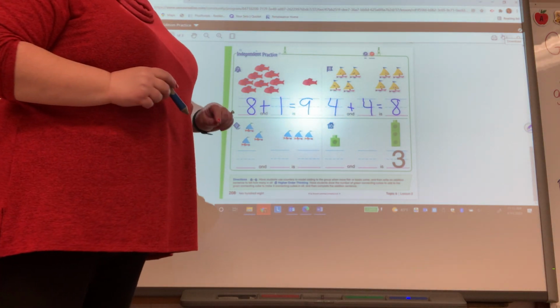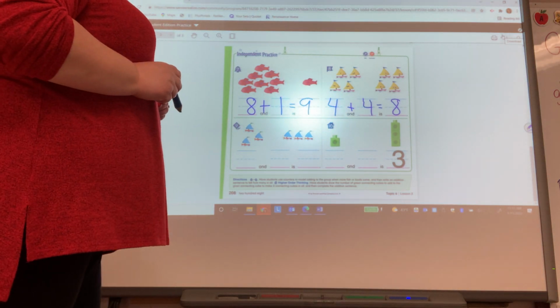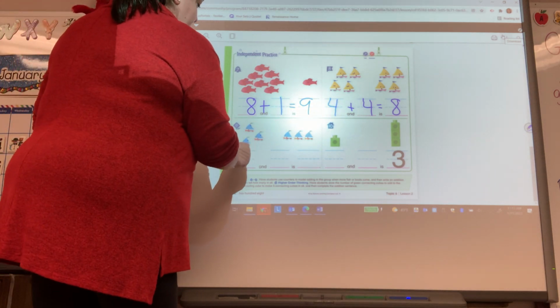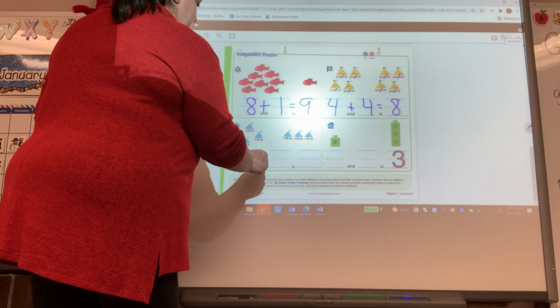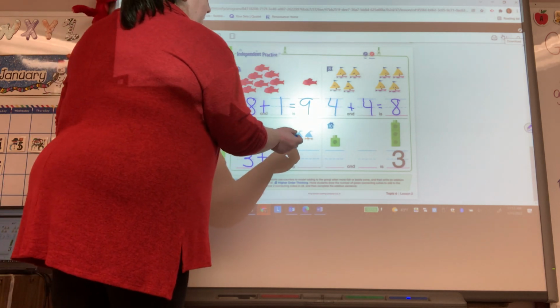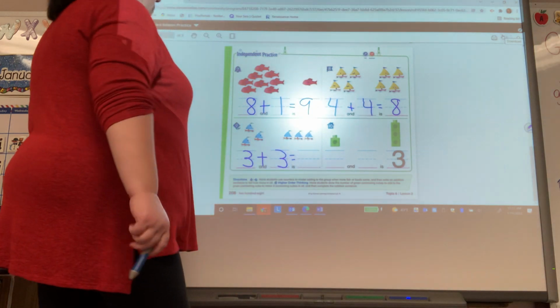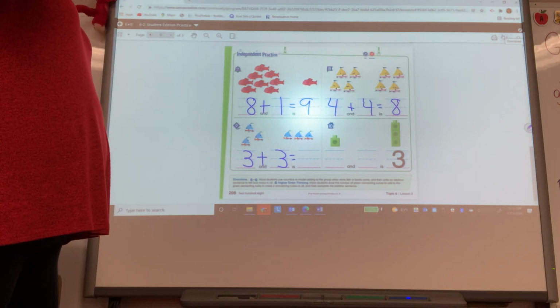Number 9 is inside of the kite. Let's count these boats. 1, 2, 3. That's the first group. Plus 1, 2, 3. And I want you to tell me how many there are.